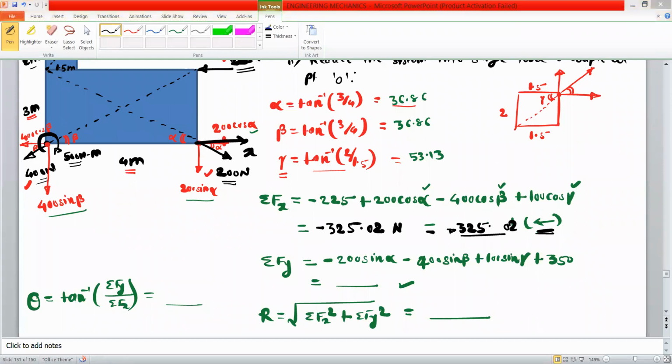Okay, summation fy, it is 70.1 Newton. So this is plus 70.1. So it is 70.1 Newton in the positive y direction. Okay. So from this, the quadrant is second quadrant.